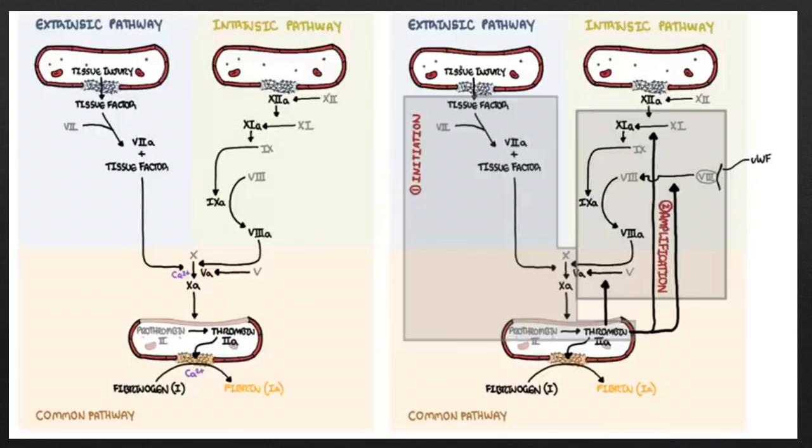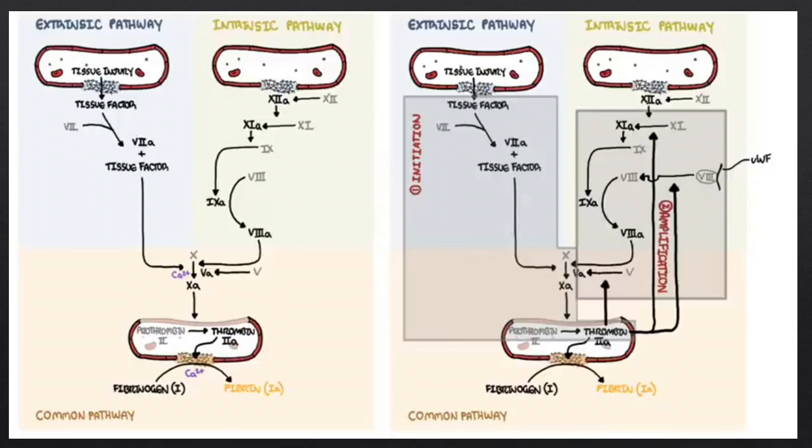The second step is called the amplification. What happens is the small amount of thrombin that is formed then activates factor 8A, factor 11A and factor 5A, further leading to conversion of factor 10 to 10A and more amount of thrombin that is formed. So 5, 11 and 8.